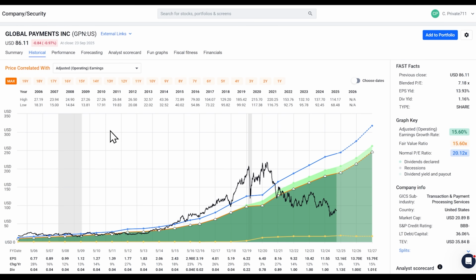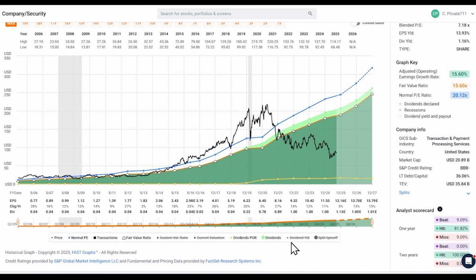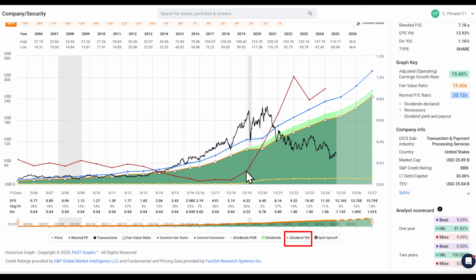Okay, so far, I haven't found much that's wrong with it. Now, the dividend yield is rather low at 1.16%, but that's actually high for what the company's historical dividend yield has been. When the stock was trading at high valuations, we had dividend yields of less than 12 one-hundredths of a percent.